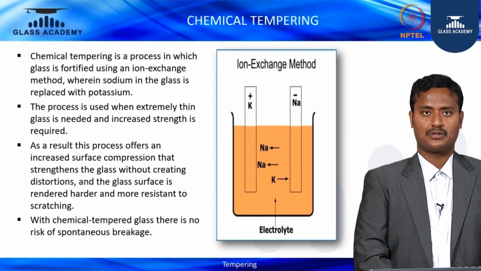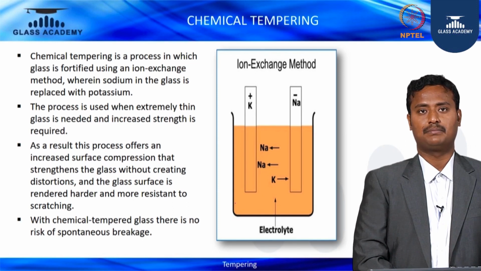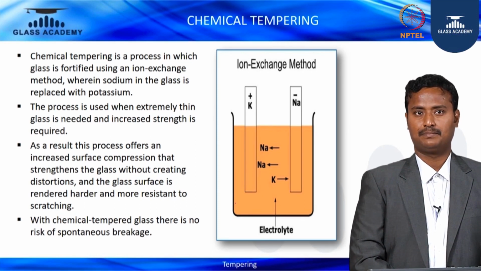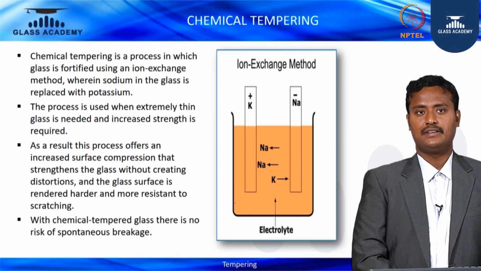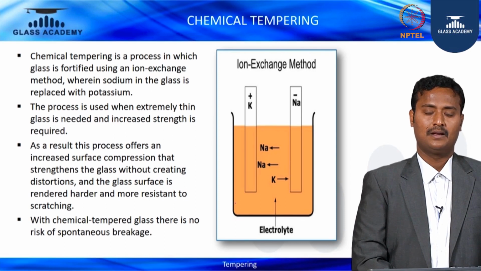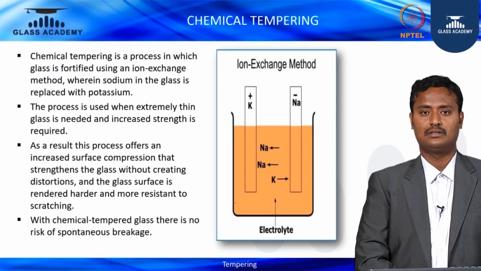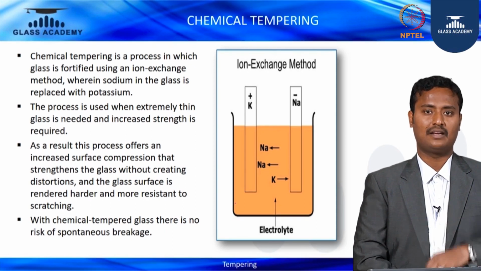As a result, this process offers an increased surface compression that strengthens the glass without creating distortion, and the glass surface is rendered harder and more resistant to scratching. This is most important for thinner glass applications where scratch proofing is needed, like very small, tiny watches.